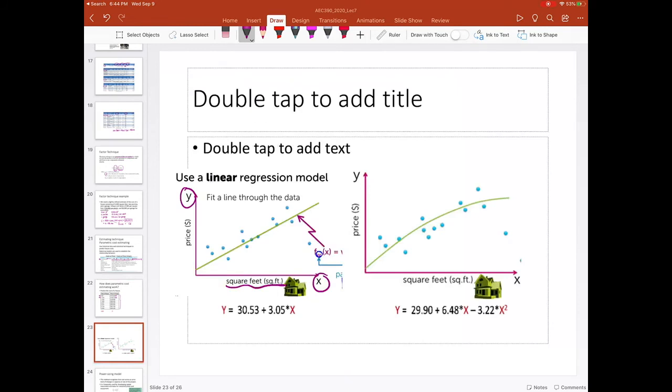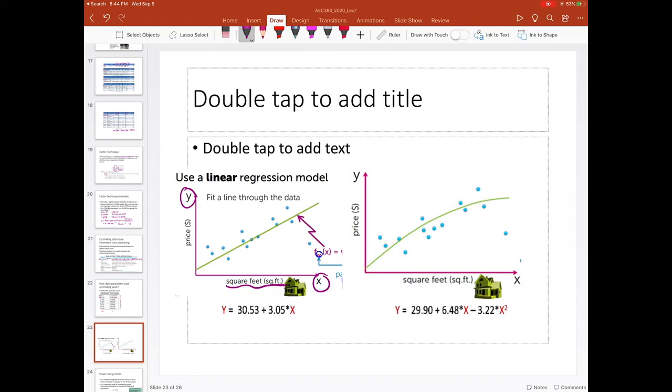And then what you're going to do is find a formula that gets closest to these dots. What I mean is you find a line, or you find a curved line, whatever, you have to try, and see which one will describe these blue dots the best.